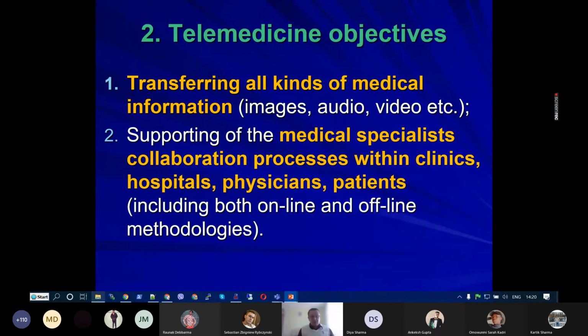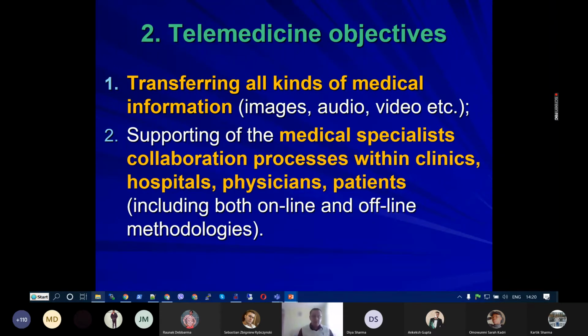Now, the main objectives of telemedicine. From the word, the first thing a user thinks of when hearing about telemedicine is something like a video conference between medical facilities. It's for sure one outcome of telemedicine, but if you talk about objectives, in the first place it's transferring all kinds of medical information: image, video, audio, and for sure even alphanumerical text-based records.